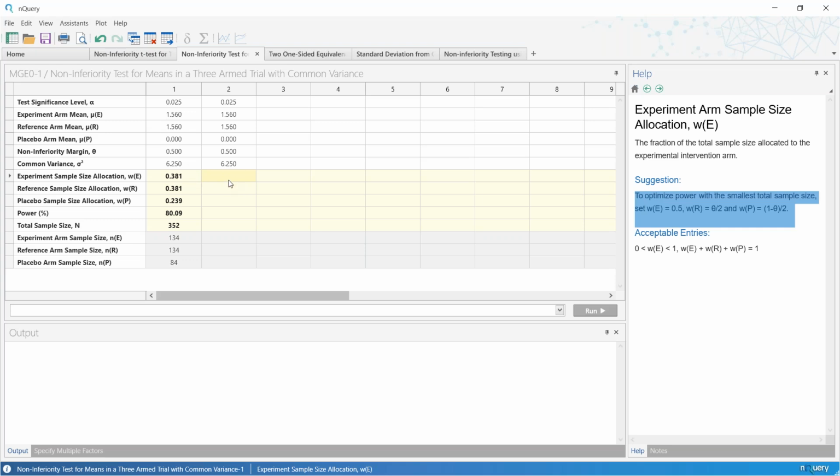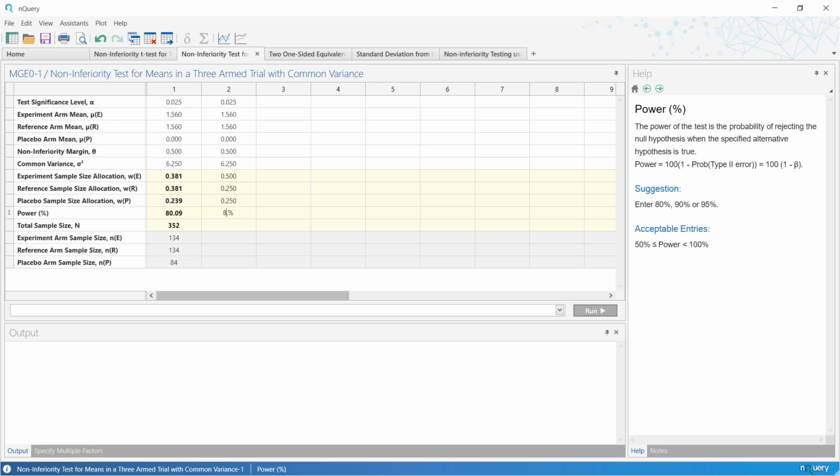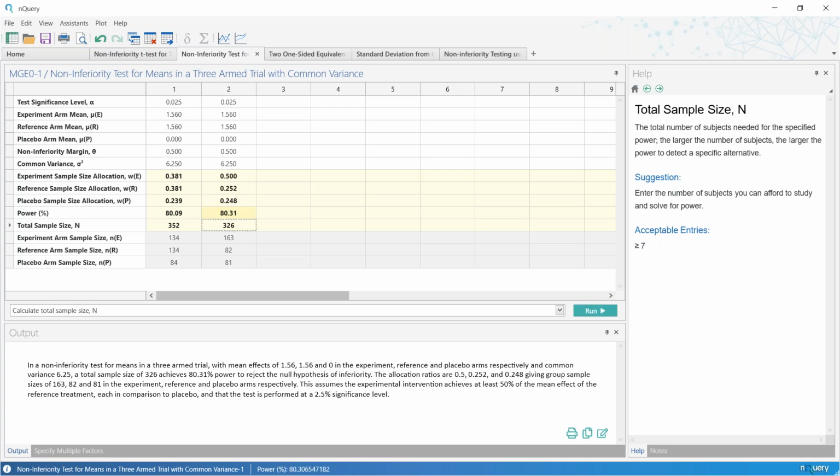It assumes that 50% of people should be assigned to the experimental group, and then something related to the non-inferiority margin should be the other two groups. In this case, it's very trivial because the non-inferiority margin is 0.5, which means we have equal allocation for the reference and experimental groups. So they're 0.25 respectively. And you can see that the total sample size in this case is about 26 lower.